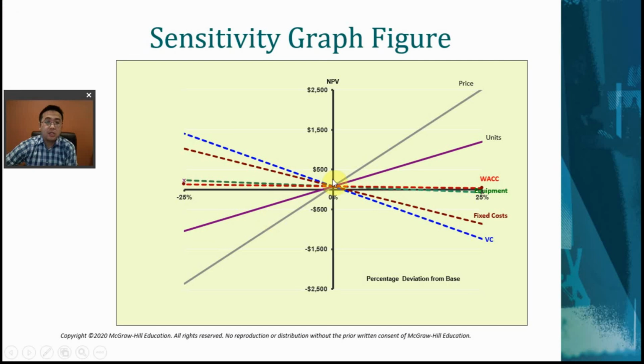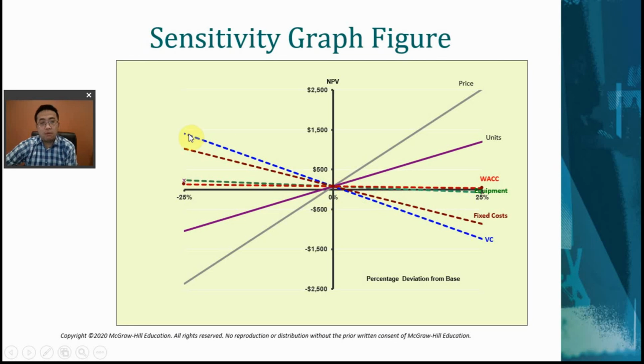So you're going to look at the slope of all these sensitivity curves. The one with a higher slope, or the steeper curve, means that NPV is more sensitive to this variable. And if you compare fixed cost here and variable cost here, they are both negatively sloped, which means if a cost increases, NPV would be reduced.